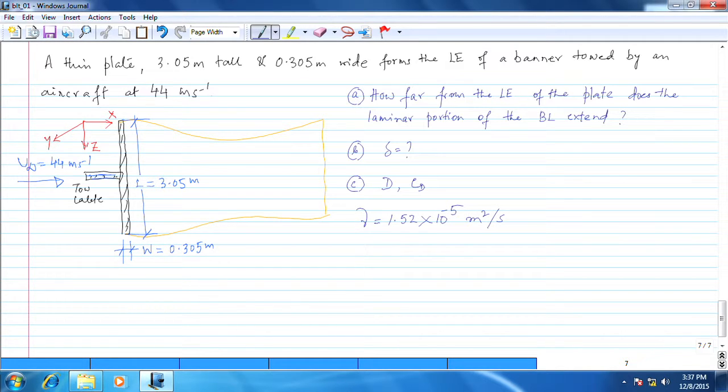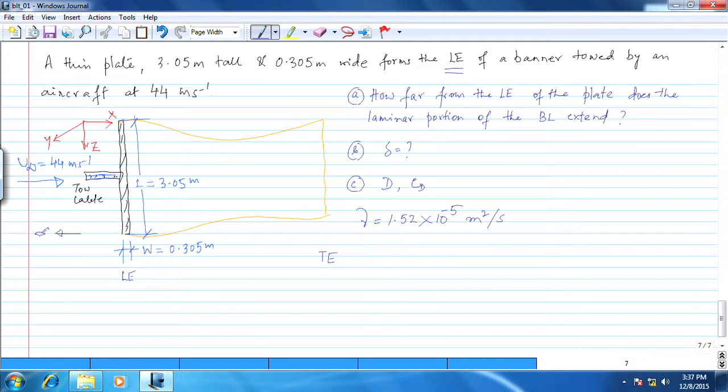Okay, so now, that is basically the question. So, there is this plate here, and to which a banner is attached, right? And this thing is being towed by an airplane, just like that. So when we said this plate forms the leading edge of the banner, this is the leading edge of the banner, this is the trailing edge of the banner, and since the airplane is actually towing it in this fashion, the airplane is moving this way, right?